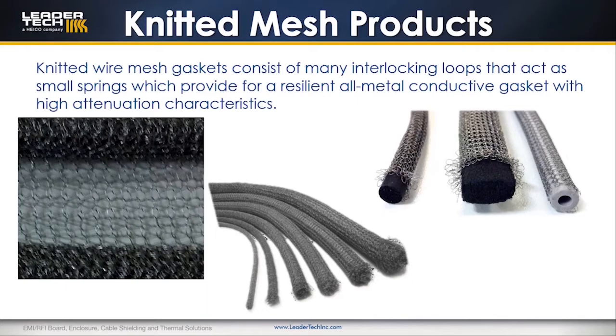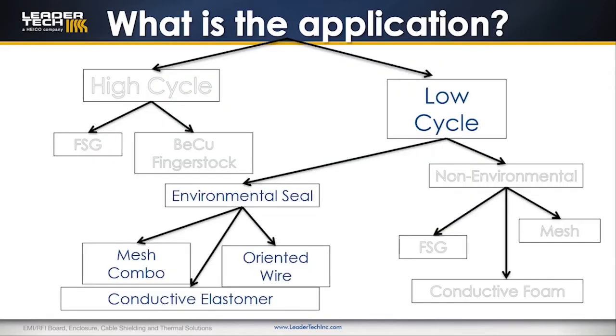All cross-sections are available in both all-mesh or elastomer core configurations. If your application requires an environmental seal, these next slides will describe conductive elastomers, knitted wire mesh combo gaskets, and oriented wire.